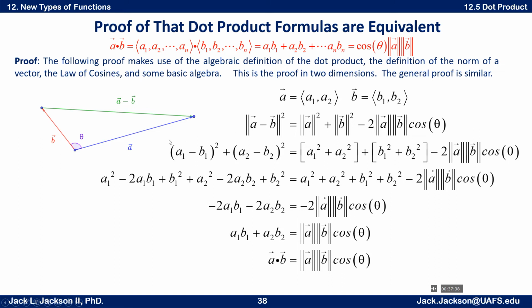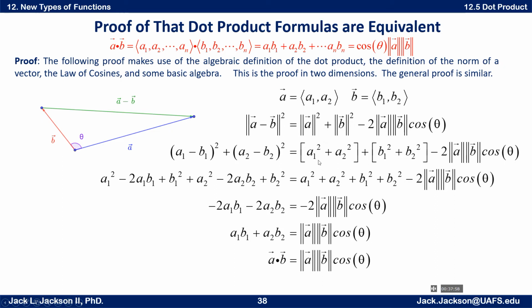So the square and the square root cancel. So that's how we have this. Similarly, the norm of A squared, the square and the square root cancel, so you just get A1 squared plus A2 squared. The norm of B is B1 squared plus B2 squared. And I'm going to just leave this alone, minus 2 norm A, norm B, cosine of theta.